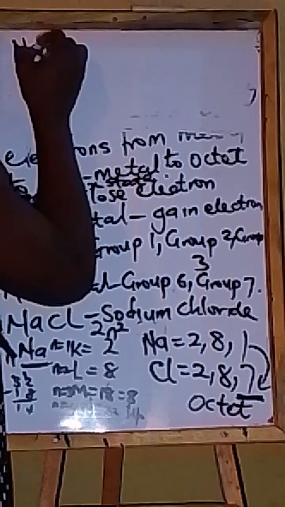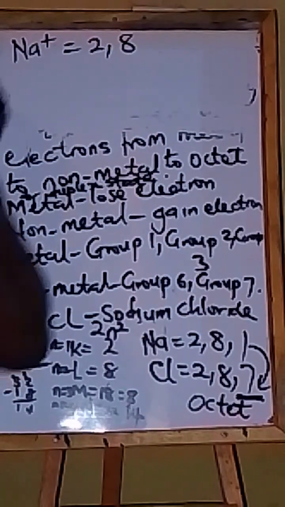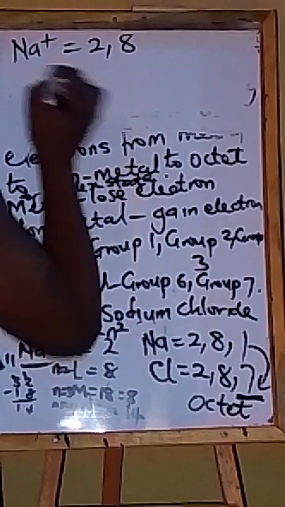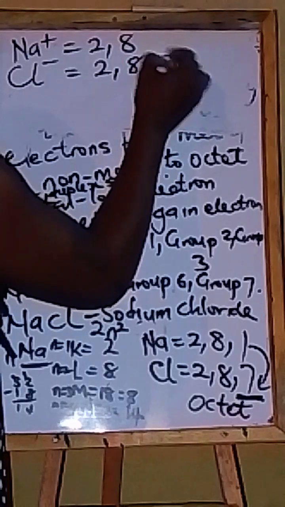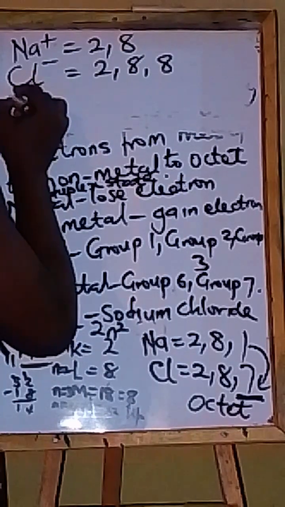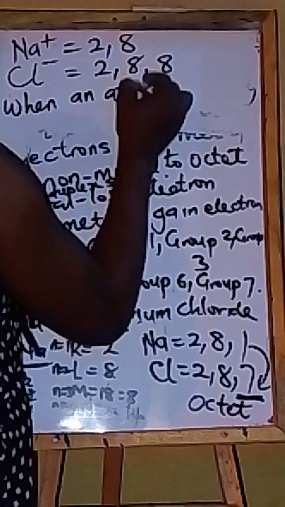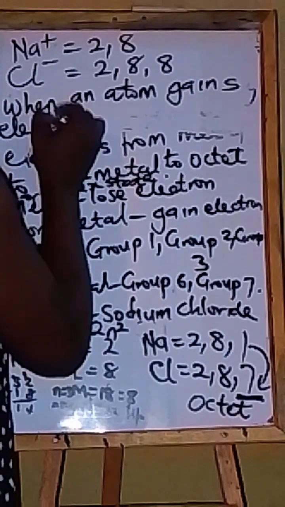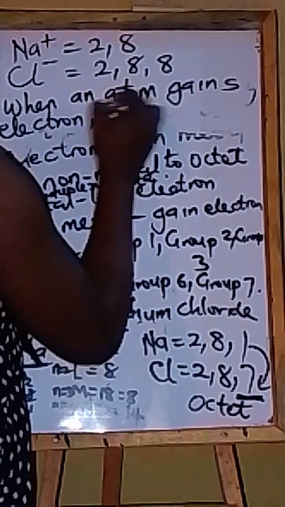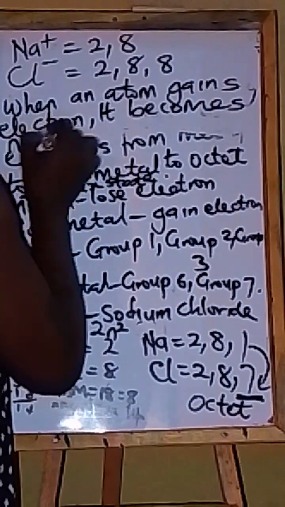So when it loses, it becomes Na plus. It means it has lost 1. Then this Cl gains. So whenever an atom gains electron, it becomes negatively charged.